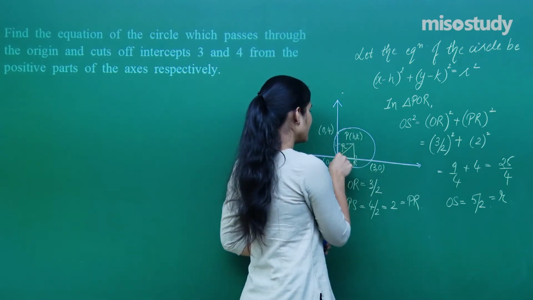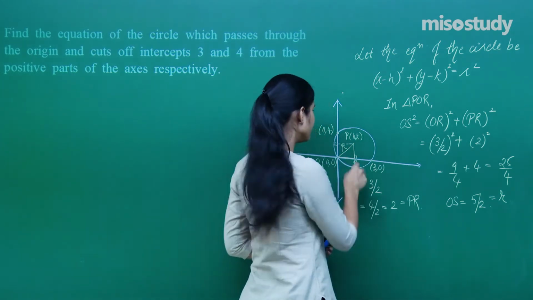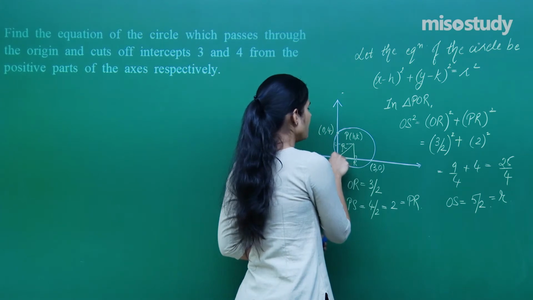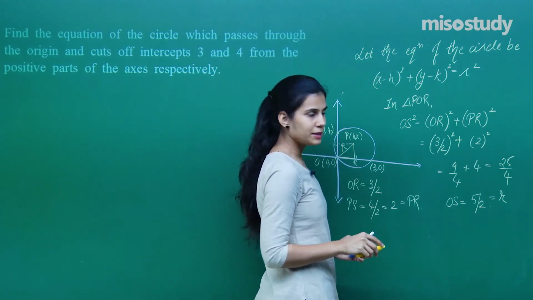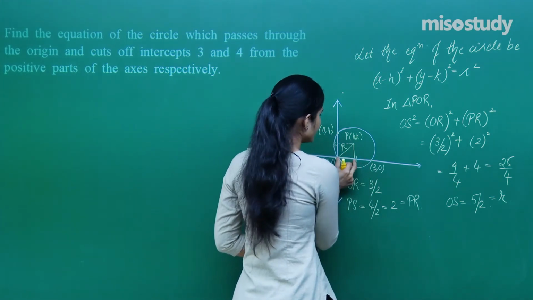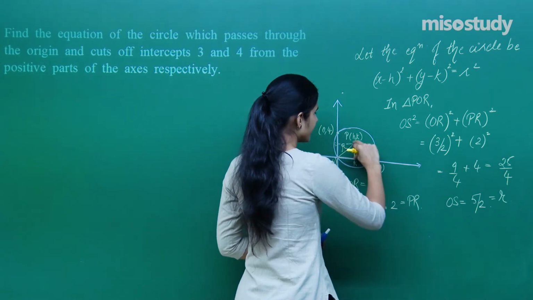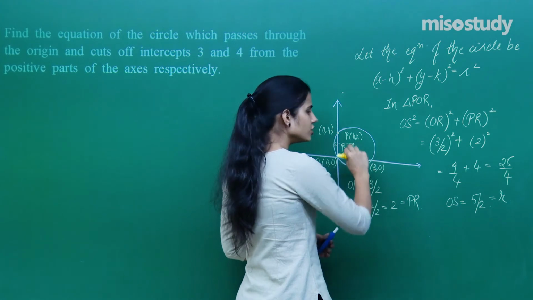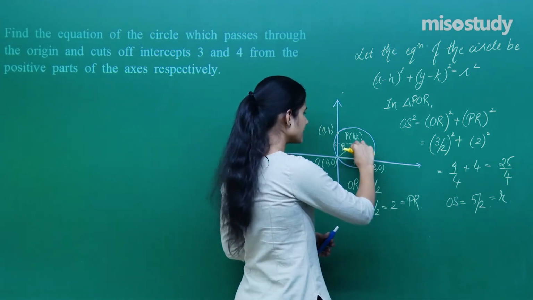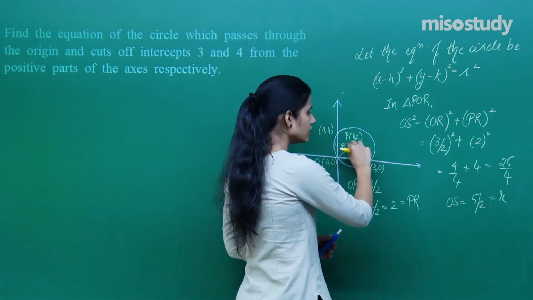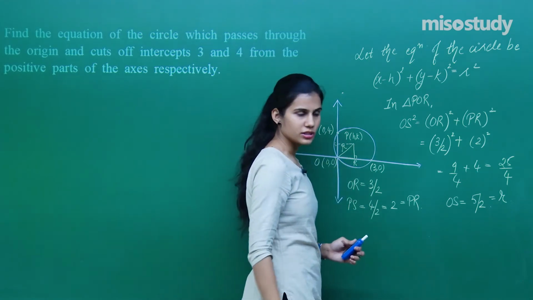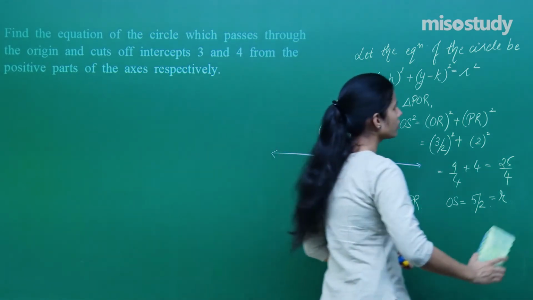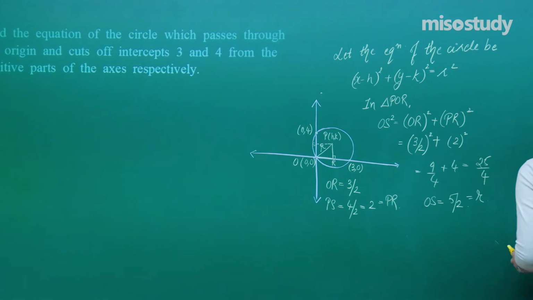Now, if this is r, what do you mean by this? Now, h is this distance and k is this distance. K distance is clearly 2. What is k? How far is this point from the origin? This is going to give you the coordinates of the center.